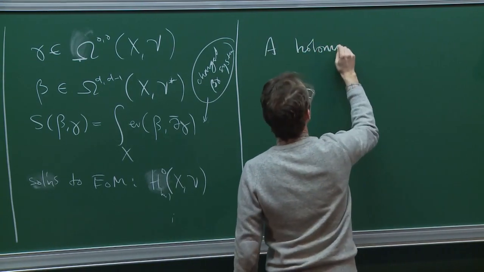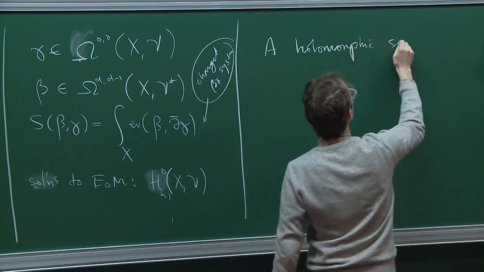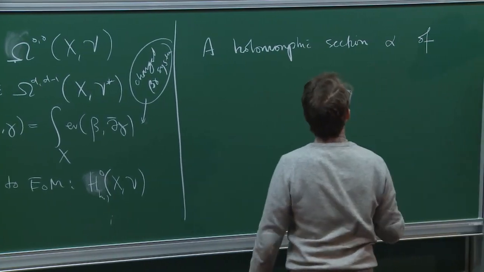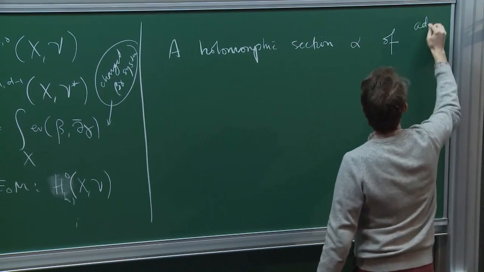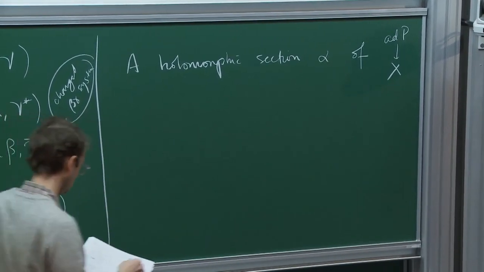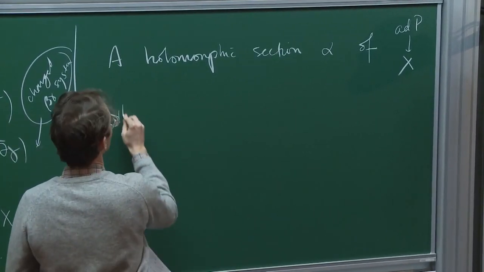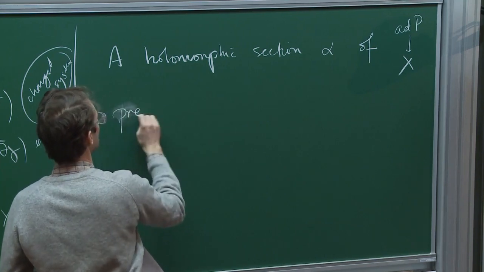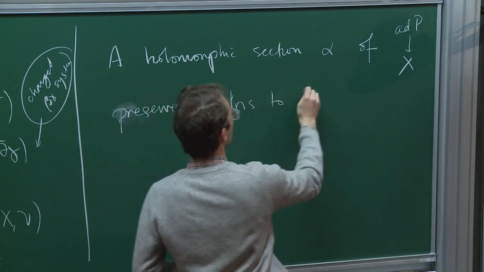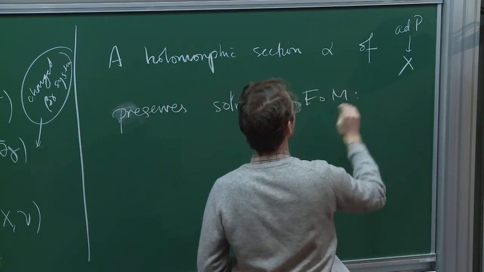I like to point out that if you have a holomorphic section alpha of the adjoint bundle, it preserves solutions to the equations of motion.